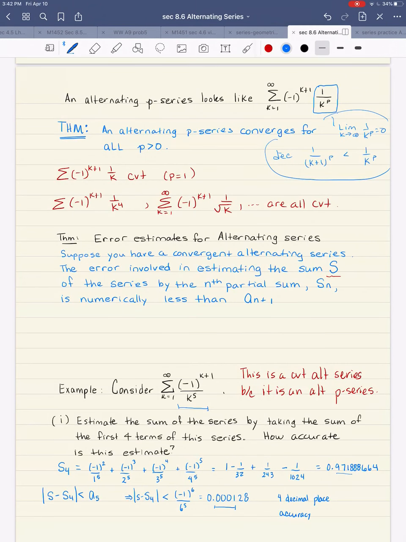So it says if you have a sum S, and you just add up the first n terms, the distance between those, one might be bigger than the other, so let's put it in absolute value bars, is numerically less than the term that you leave off, where Sn is A1 plus A2 all the way out to An.